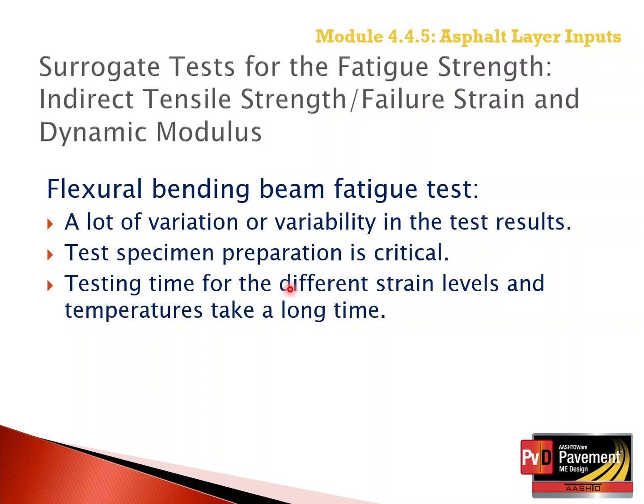A surrogate test has been used to derive the bottom-up fatigue cracking transfer function because of three major reasons that are illustrated on this slide. The first is AASHTO T321 can exhibit a lot of variability in the test results between the tensile strain levels and temperatures, as was displayed on some of the previous slides and examples.